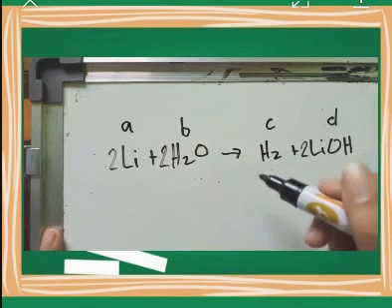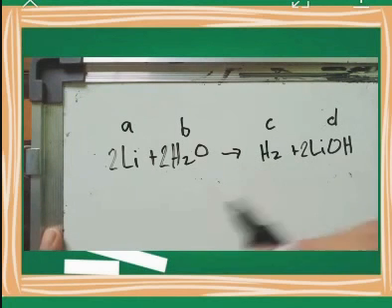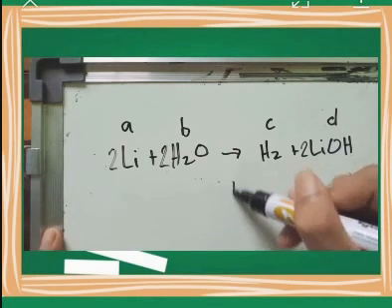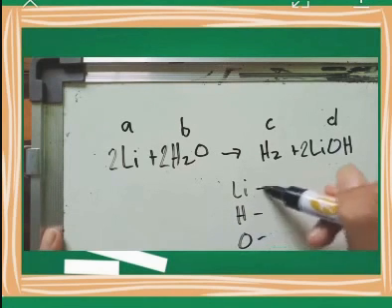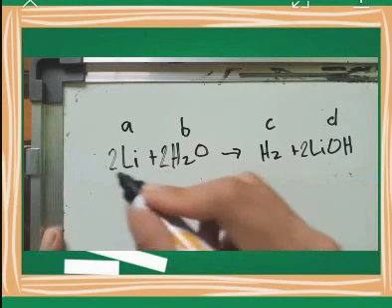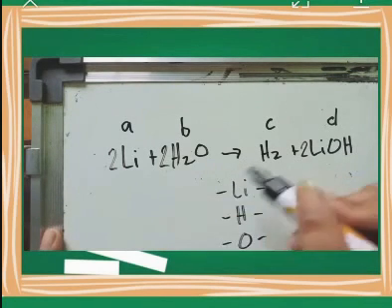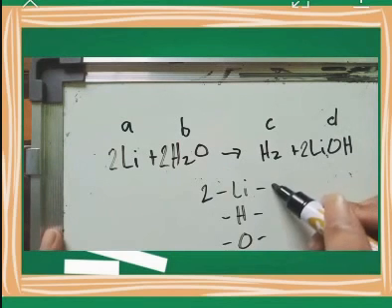So final inventory, to check if this equation corresponds to the law of conservation of mass: lithium, hydrogen, and oxygen. So lithium on the reactant side is 2. On the product side, 2 times 1, therefore 2.